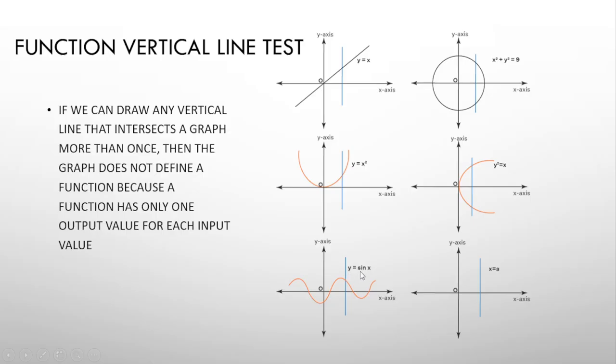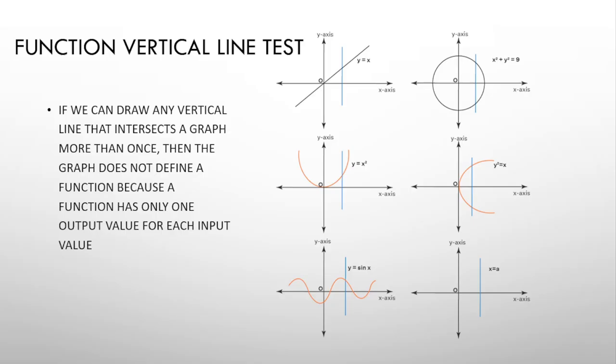So anytime you have two or more, it's not a function. This visual trick is super useful in algebra and calculus. Once you get used to it, you'll be spotting functions everywhere.